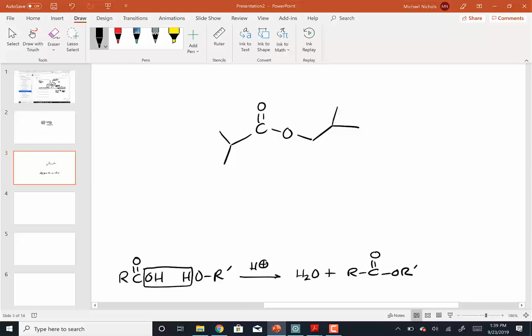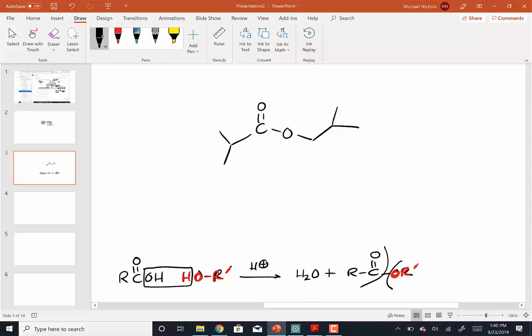So water is one of our products, and then we make the ester. Now I'm using the R prime and the R to indicate those could be 2 different alkyl groups. Now if I wanted to, I could use color here and show the idea that here is the group from the alcohol, the red group. So when you look at an ester, this part came from the carboxylic acid, this part came from the alcohol. And so knowing that helps you in terms of naming it.